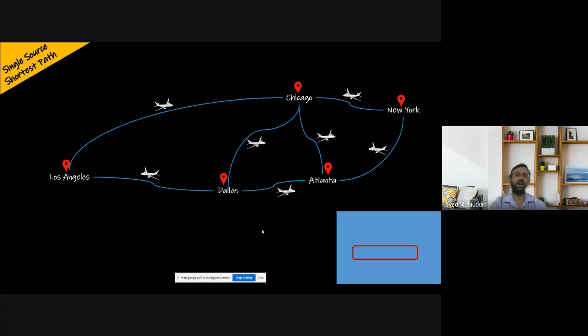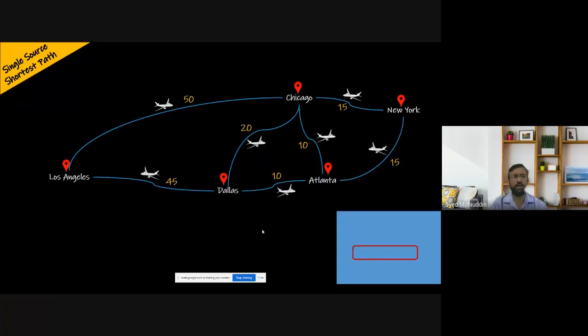Or you may have a road network, where you can drive. The weights are assigned to edges. These weights may represent the flight time, or the cost of the ticket, or different other criteria can be used to represent the cost or weights of the edges.